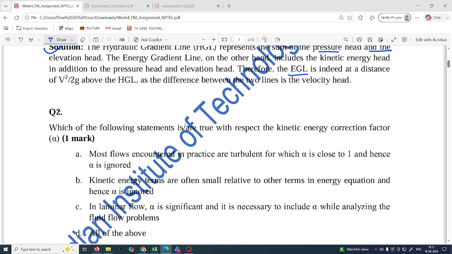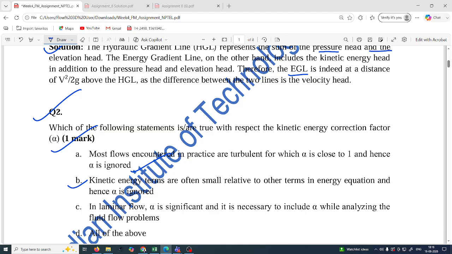Question number 2: which of the following statements is or are true with respect to the kinetic energy correction factor? Option A: most flows encountered in practice are turbulent, for which alpha is close to 1 and hence alpha is ignored. Option B: kinetic energy terms are often small relative to other terms in the energy equation and hence alpha is ignored.